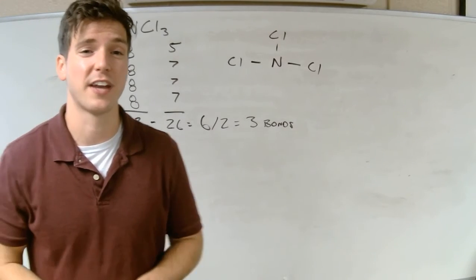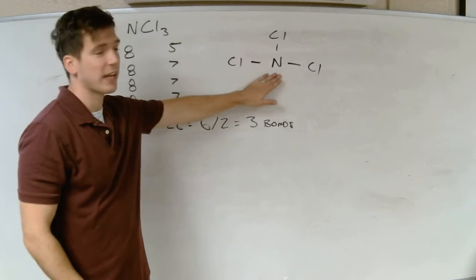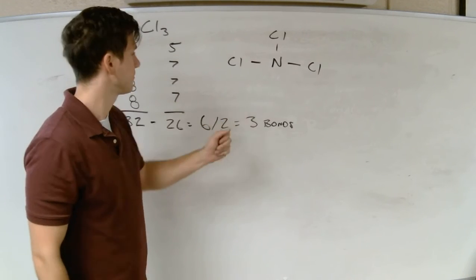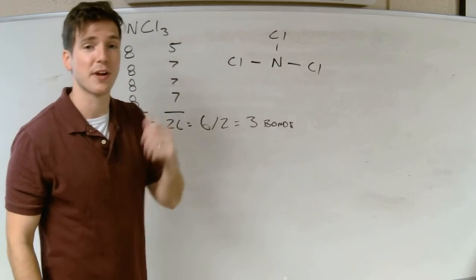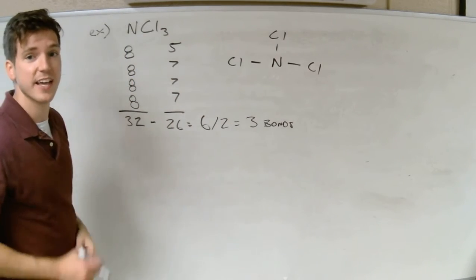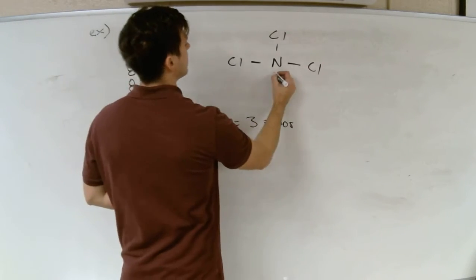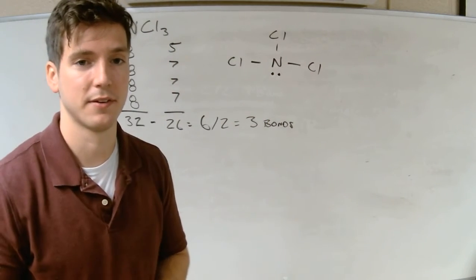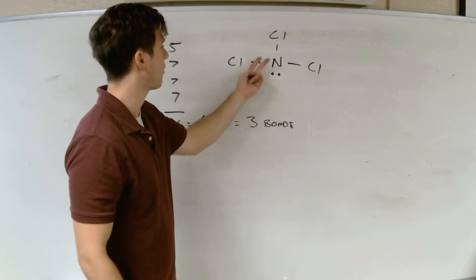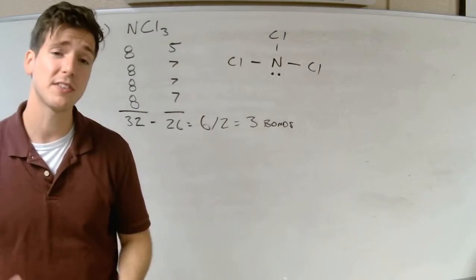Let's focus on nitrogen. How many electrons is nitrogen surrounded by right now? 2, 4, 6. Remember, nitrogen follows the octet rule, so we better put one more lone pair on there. Now nitrogen is surrounded by 2, 4, 6, and 8. Well, what about these chlorines?